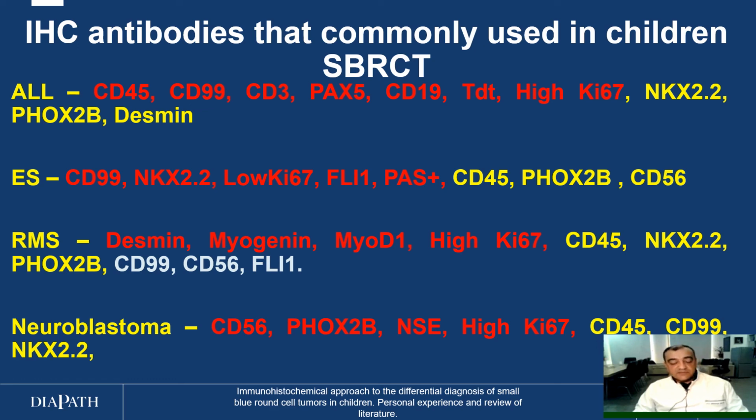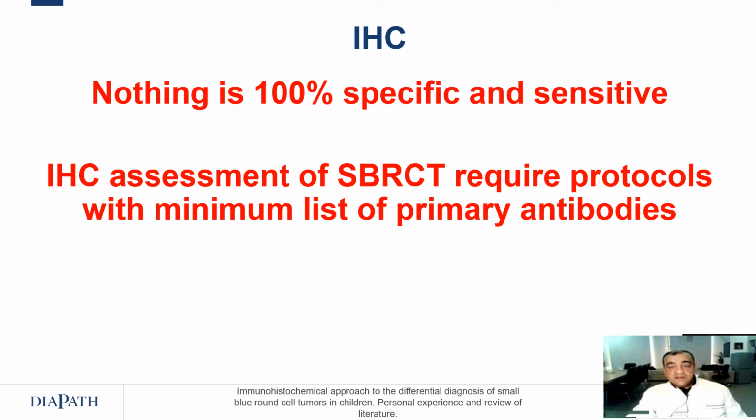So let's remember again that PHOX2B is highly specific and sensitive to differentiate the neuroblastic origin of the tumor cells. And of course, let's remember again that in immunohistochemistry, nothing is 100% specific and sensitive.